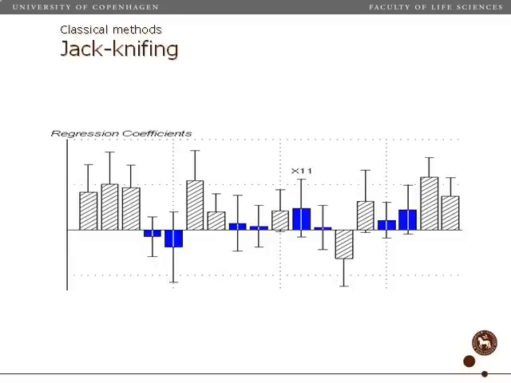Here's just an example showing a set of regression coefficients that have been calculated. And as you can see, variable number 4 has a low value, and furthermore, its uncertainty extends beyond 0. So we cannot say that this coefficient is statistically different from 0. Therefore, we should perhaps remove that variable.